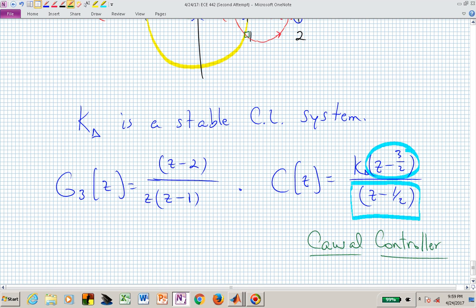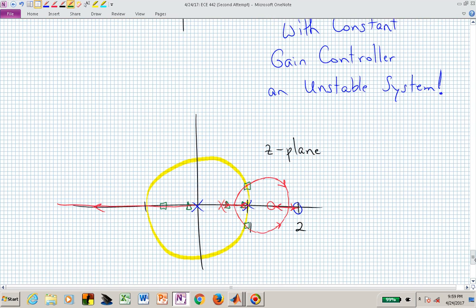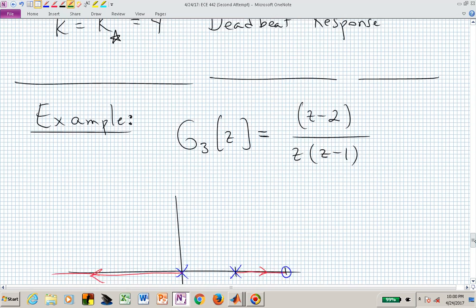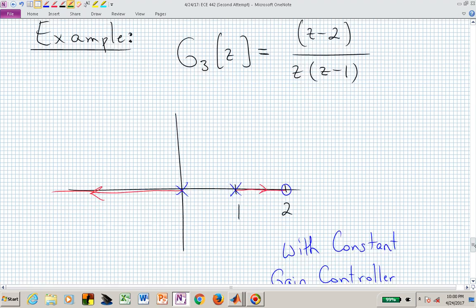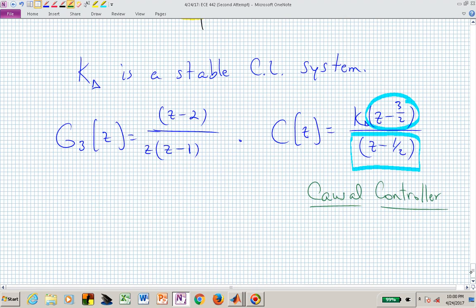And we also now are a little bit more experienced in how we can sprinkle poles and zeros in the z-plane to produce stable systems when a pure gain controller may not, in fact, stabilize those systems. So that's now going to complete our discussion of transfer-based controller design.